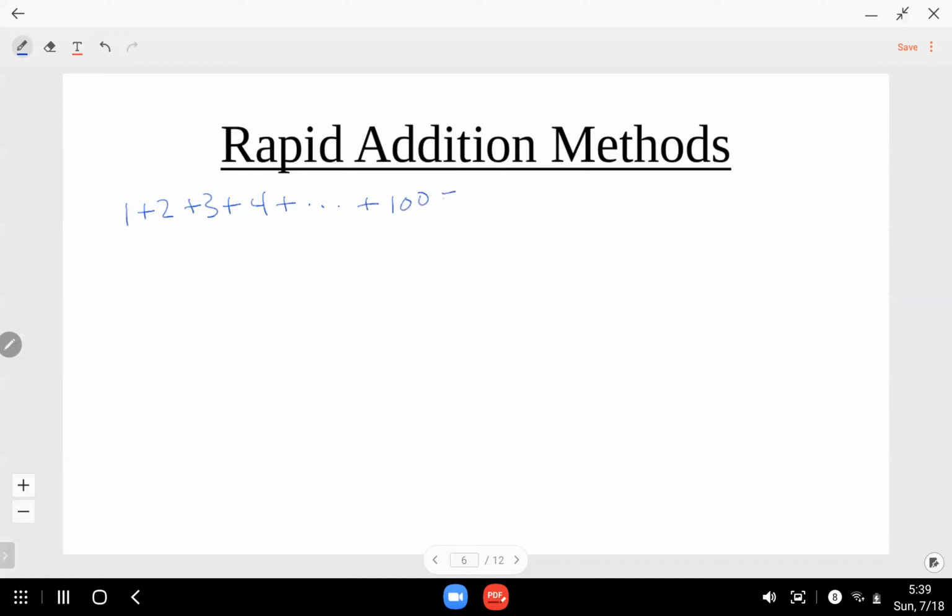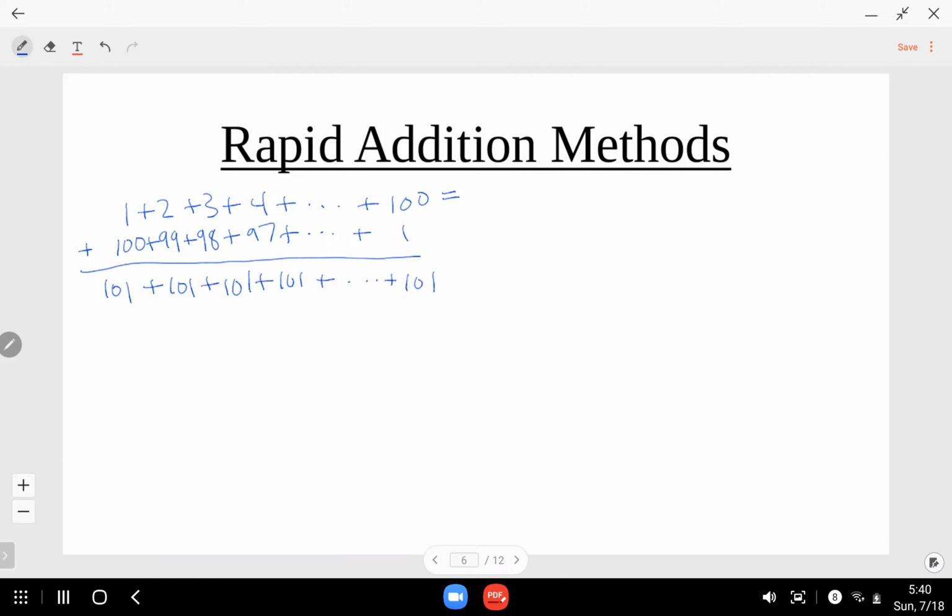So, basically, let's write it backwards. 100 plus 99 plus 98 plus 97 plus ... plus 1. You see here we have 101 plus 101 plus 101 plus ... plus 101.